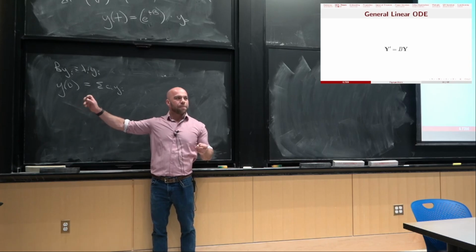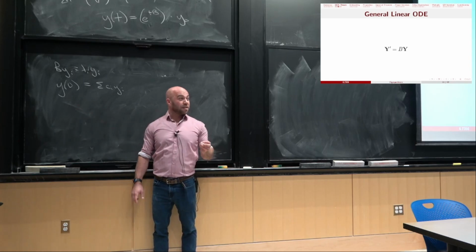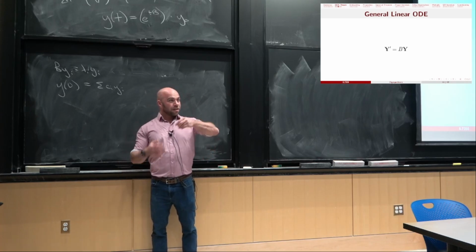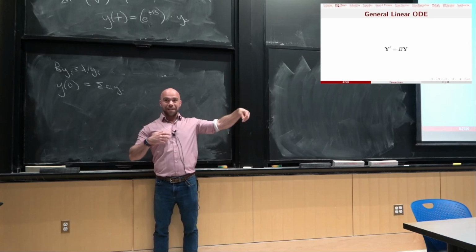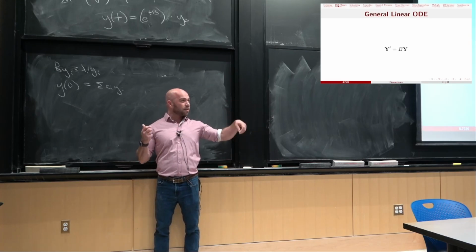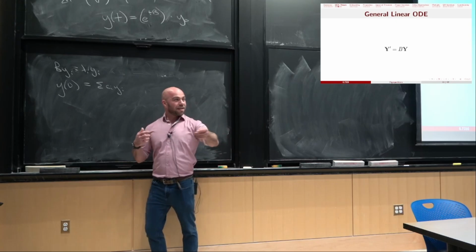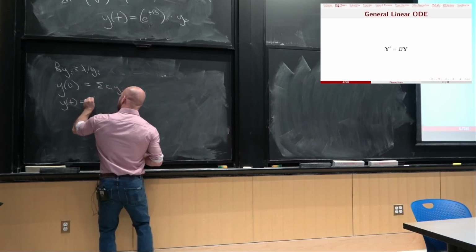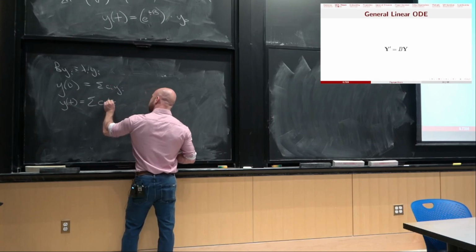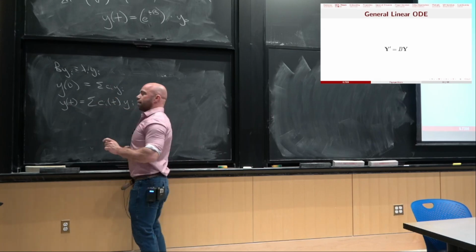And in fact, I could do that at any time t. I could solve my differential equation using whatever method I want to get y of t, and then project it back into the y basis because they span R^n. What I'm going to get is that y of t is equal to some set of coefficients c_i of t times y_i. Does that make sense?